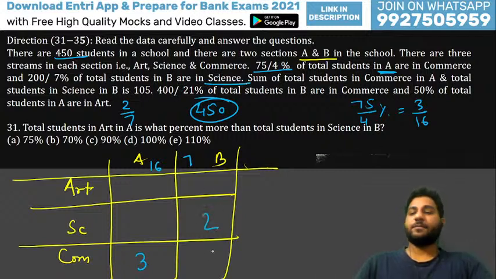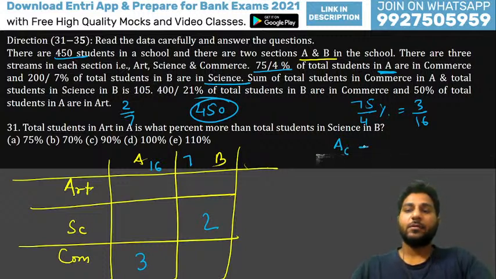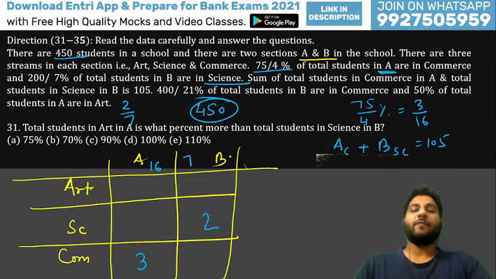So look at this. This data has been given that section A's commerce student and section B's science student total makes 105, while 400 by 21% of total students in B. So here comes the situation.